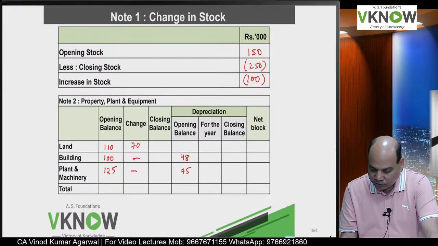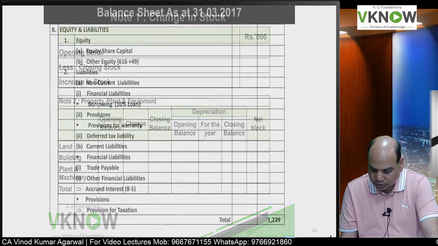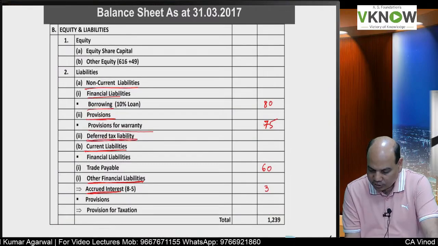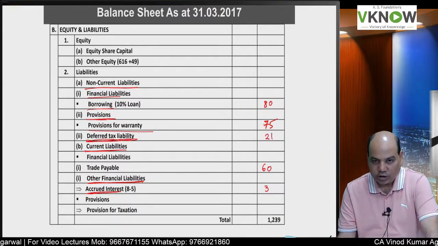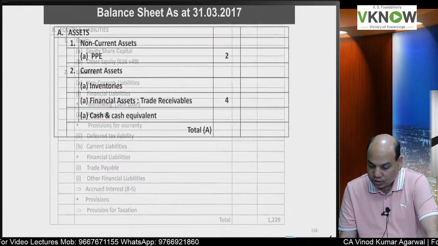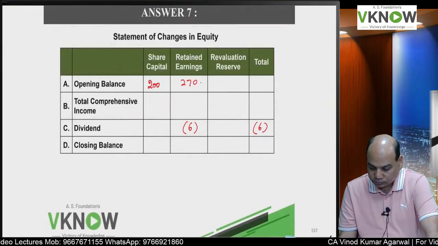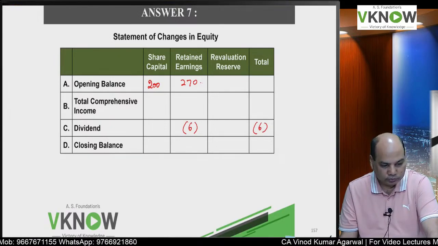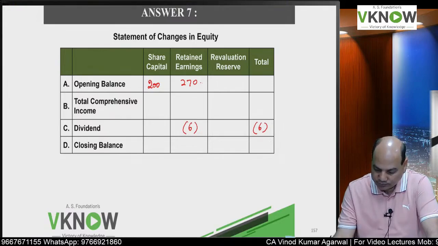And then we'll come to balance sheet for DTL. Come to the liability side, you will find deferred tax liability here. How much was DTL? 21. And then you will come to SOCIE also. In SOCIE, what will you write? Revaluation reserve?